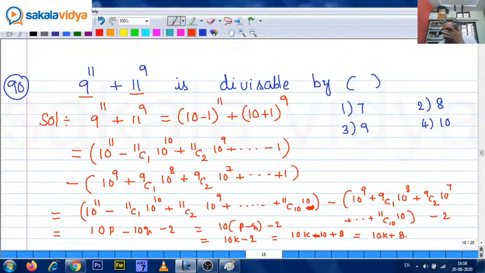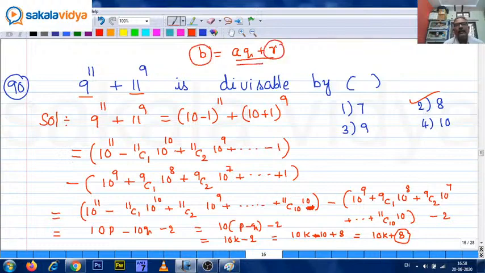So as it is in the form of 10k plus 8, if you divide by 10, the remainder is 8. So the answer is 2. Second option is the right option. In 10th class you might have studied the Euclid division algorithm. What is the Euclid division algorithm? Suppose you write A equals BQ plus R; if you divide this by B, the R will be the remainder.